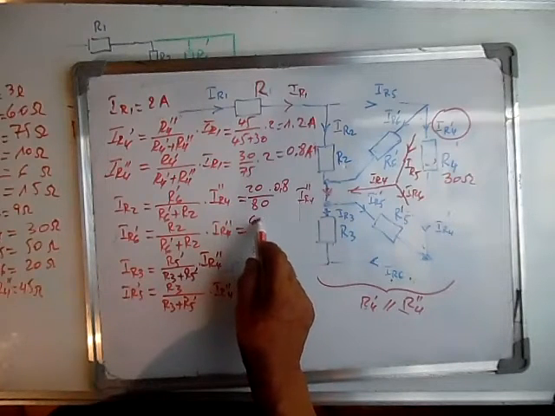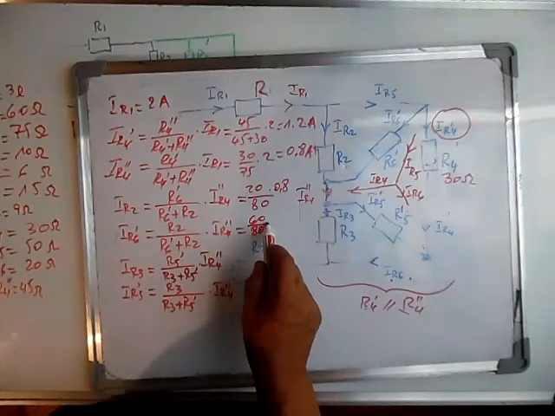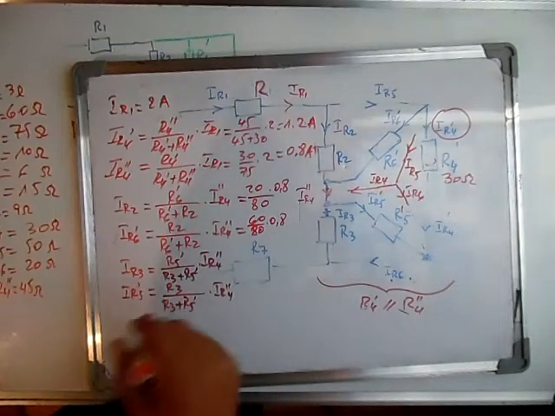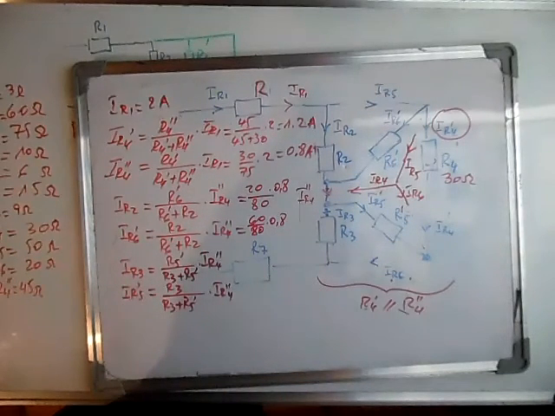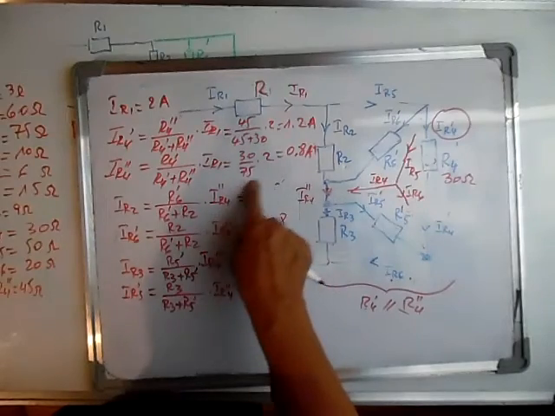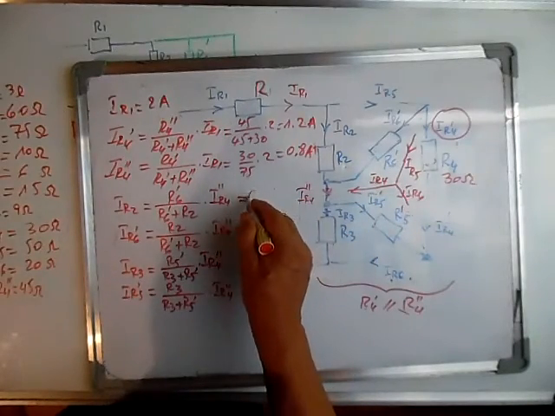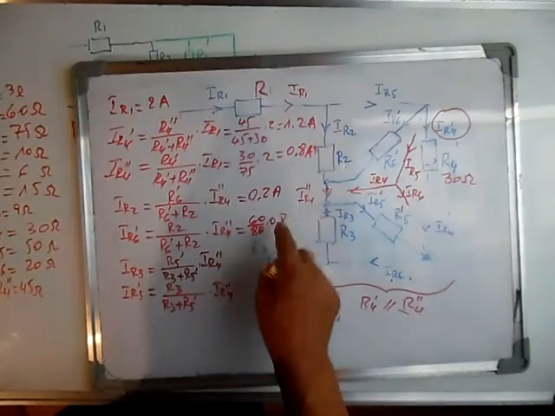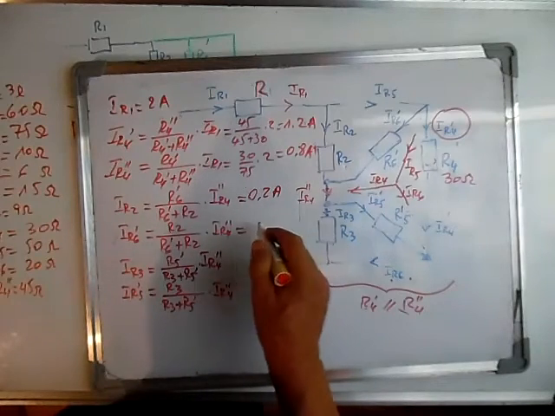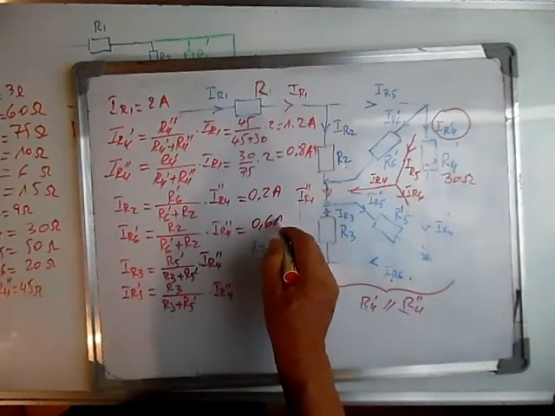R2 is 60 over 80 times 0.8. So it means 20 over 80 times 0.8. It's 0.2 amps, and here the difference 0.6 amps.